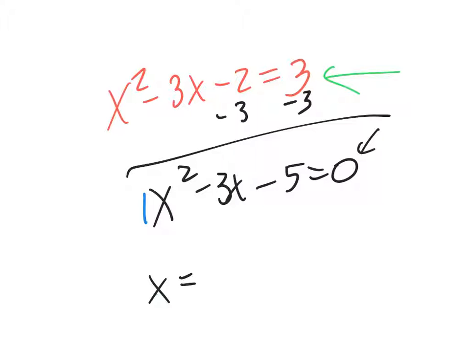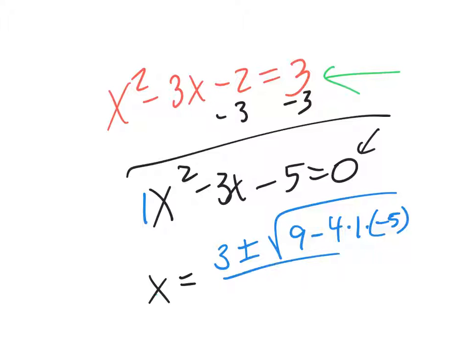All right, so then, if I'm going to do x equals negative b, I'd say negative 3, except it's got to be the negative of negative 3. So it's positive 3, plus and minus the square root of b squared, which I should do in my head quick. And what is it? 9. Minus 4ac, 4 times 1 times negative 5, all over 2a, which is 2 times 1, which is 2.